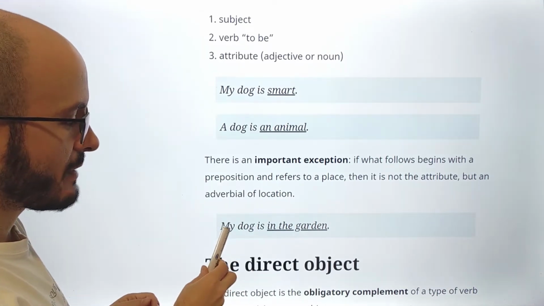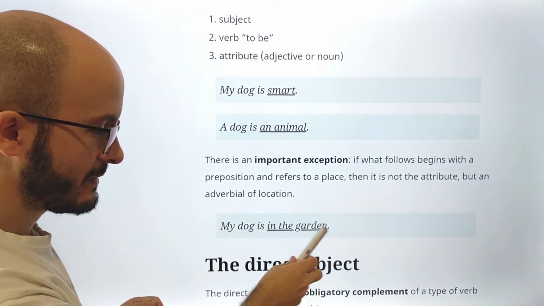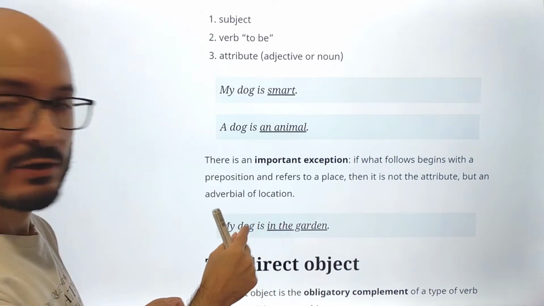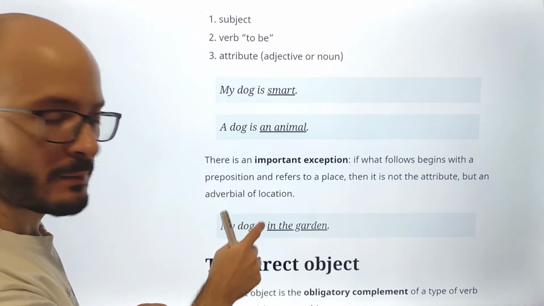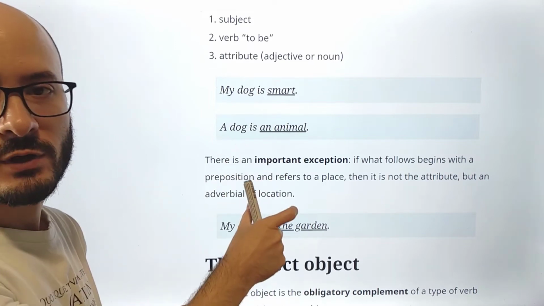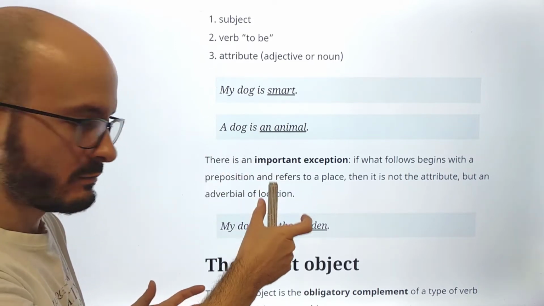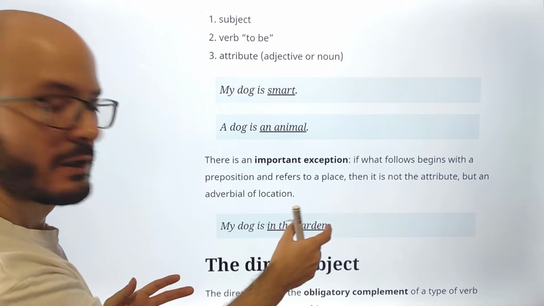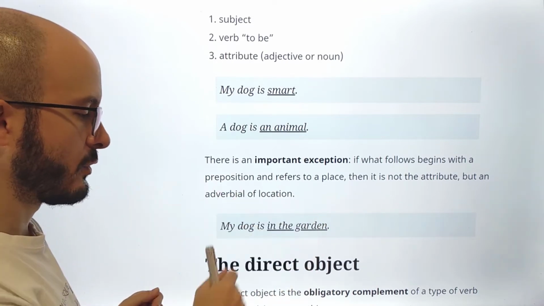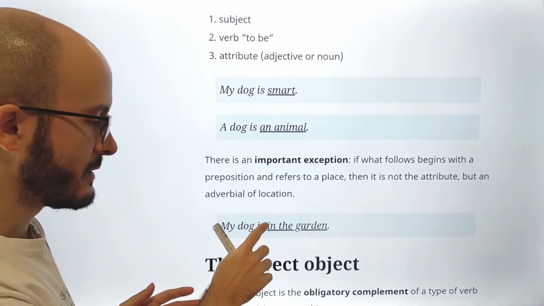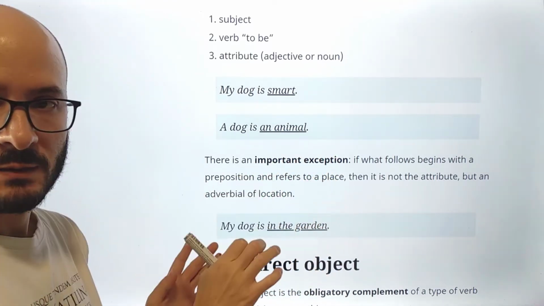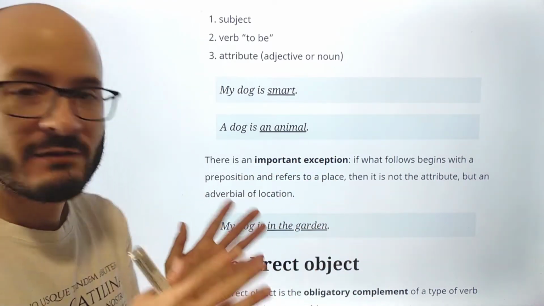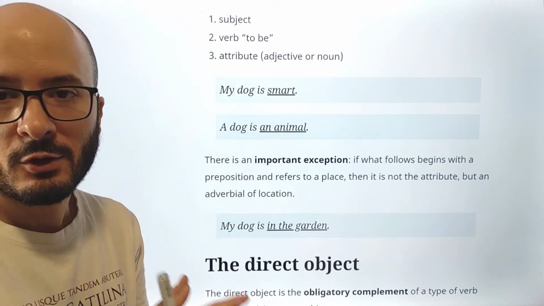So for example, if we say, my dog is in the garden, this in the garden is not the attribute, because we see that it begins with a preposition and it refers to a place, to a location. So this is not the attribute. It is an adverbial of location. Of course, my dog is the subject, this is the verb to be, but there is this important exception, okay? And that's everything you have to know about the attribute.